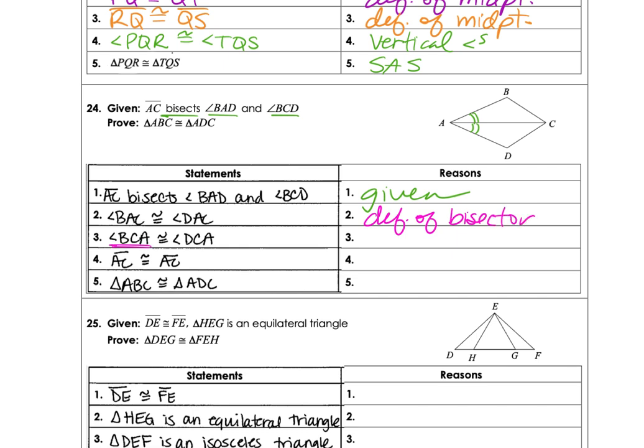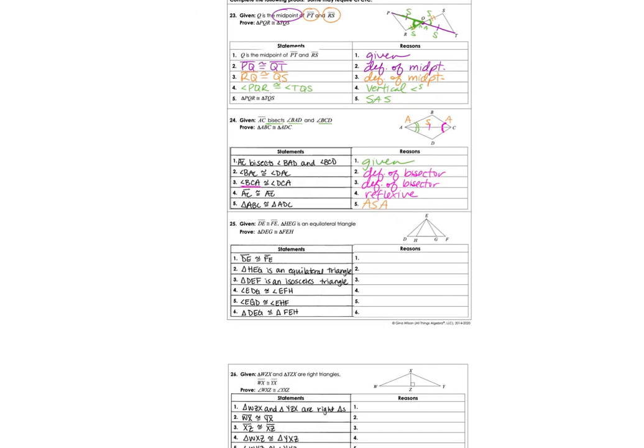Then it says BCA, that's this angle, congruent to DCA, that's that angle. Also definition of a bisector. All right, if it bisects both angles, AC congruent to AC, you mark it. That's reflexive. So then how are those two congruent? Angle, side, angle. ASA. Okay.